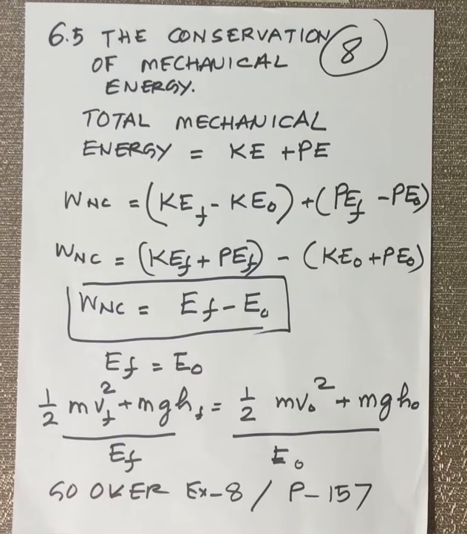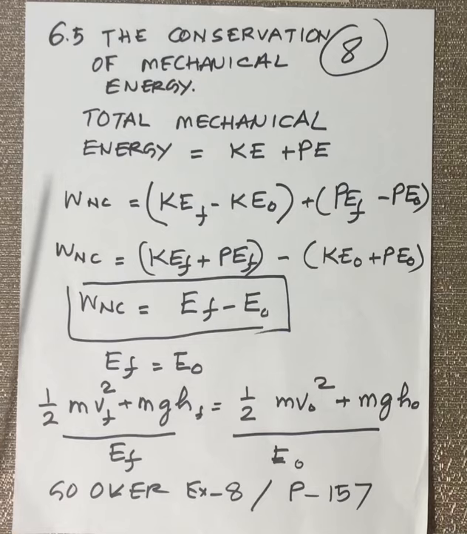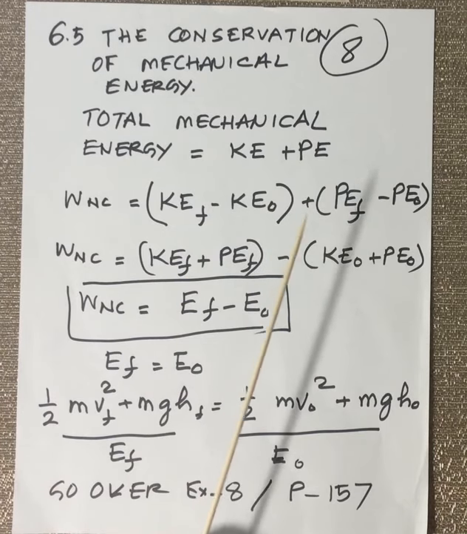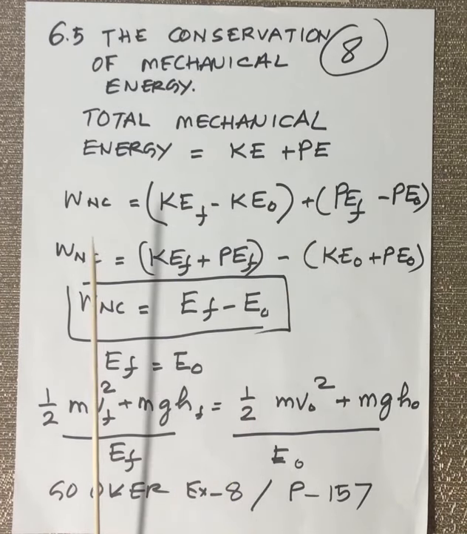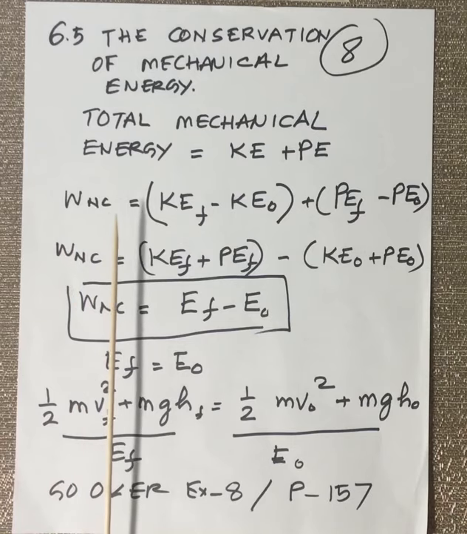Now, the next topic is 6.5, conservation of mechanical energy. Mechanical energy total is the sum of kinetic and potential energy. So that is the work done by the non-conservative force.